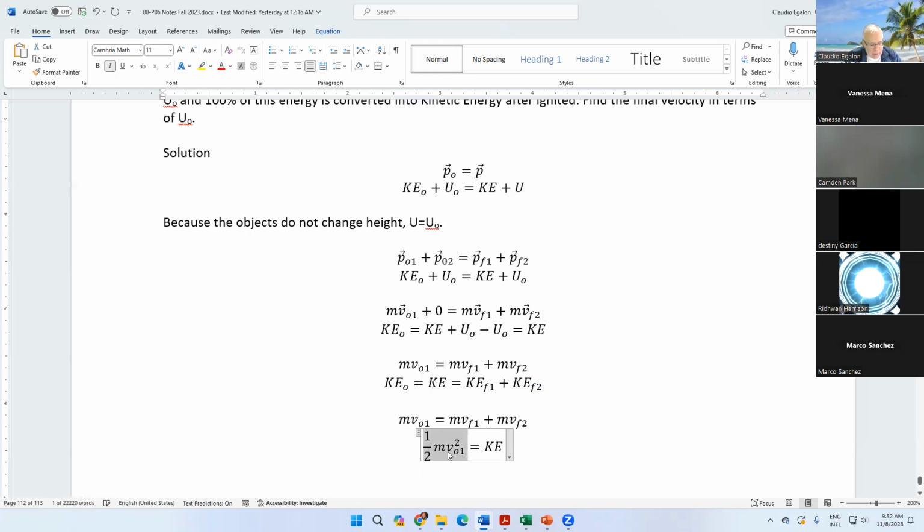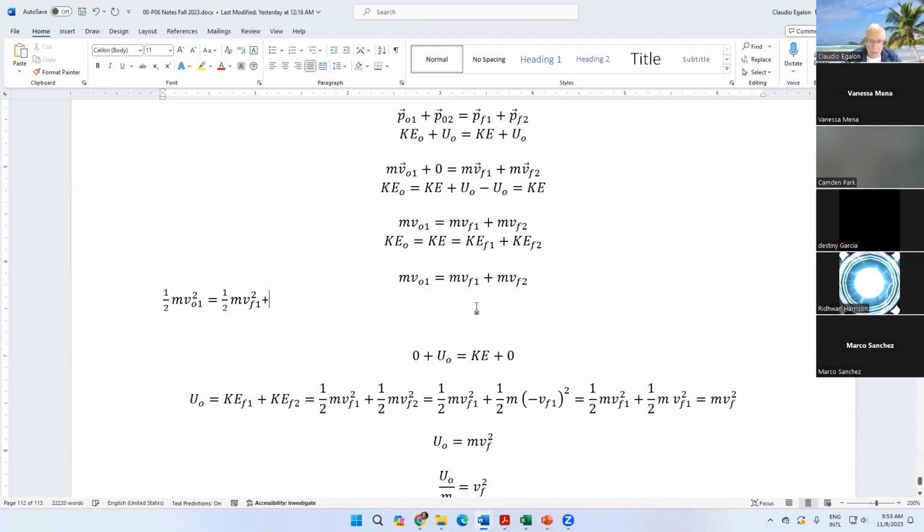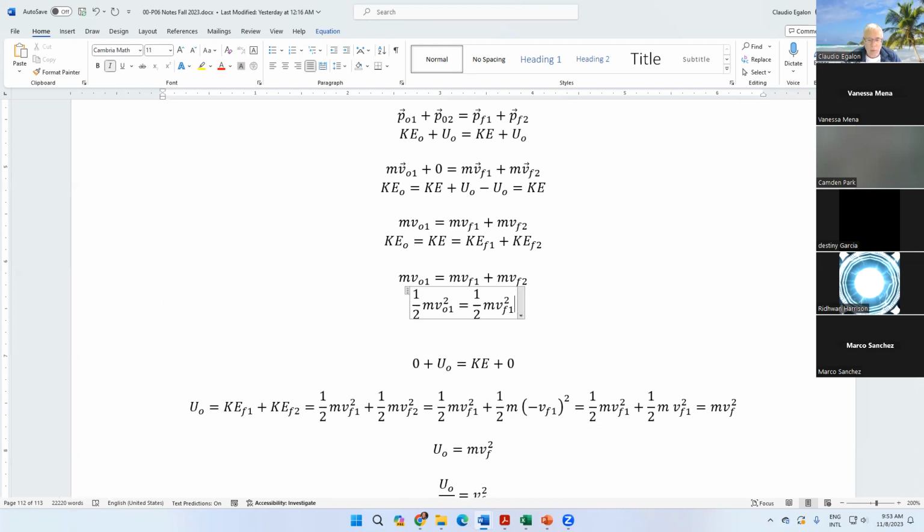And I can break it down in final kinetic energy of 1 and final kinetic energy of 2. Okay, like that. Oh, by the way, we can cancel out this M, right?